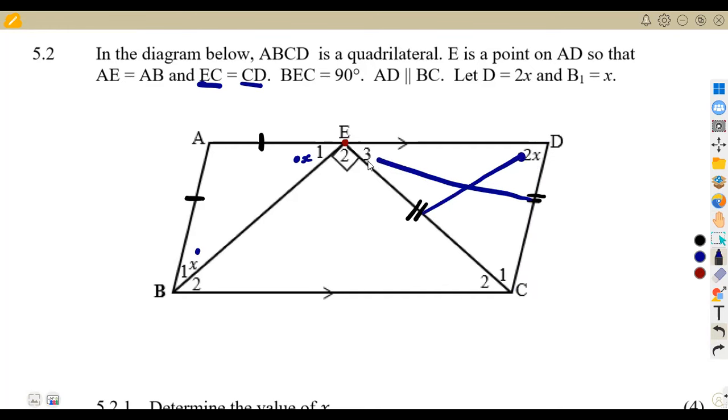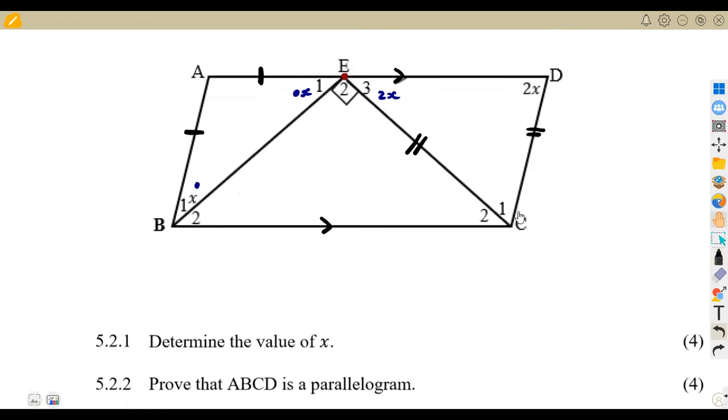So 2x must be equal to angle E3, from the same theorem that I explained, that angles opposite equal sides must also be equal. And we're given that AD is parallel to BC. As you can see, BC and this side AD are parallel. And we're given, let angle D be equal to 2x and angle B1 be equal to x. All right, so that is the information.